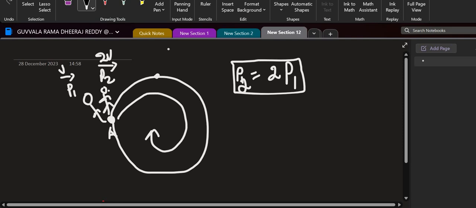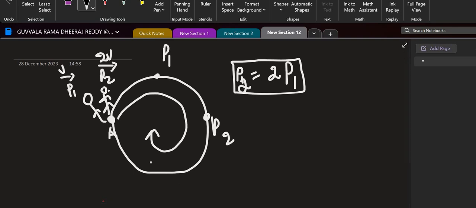Maybe person one is initially here, person two initially here. So they are looping in the same cycle multiple times.